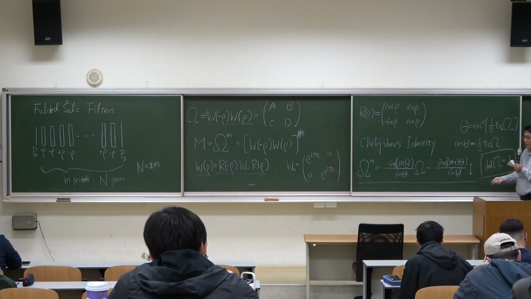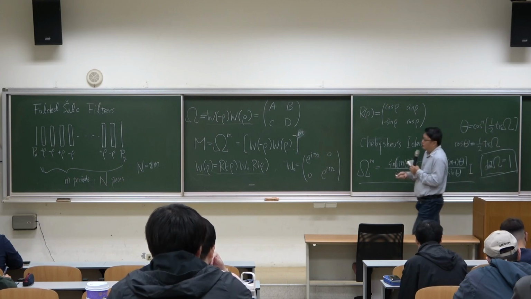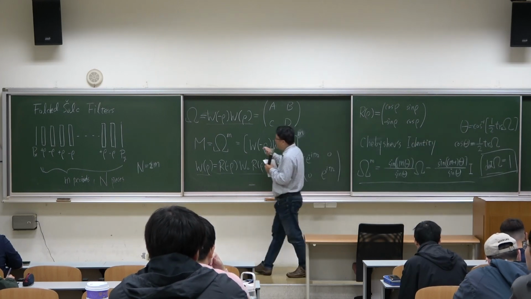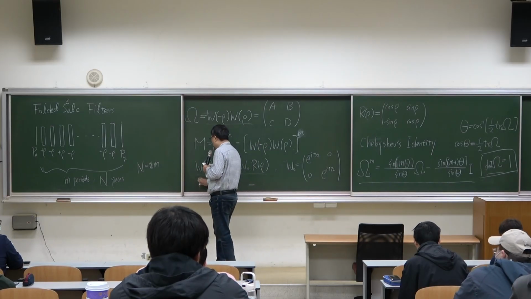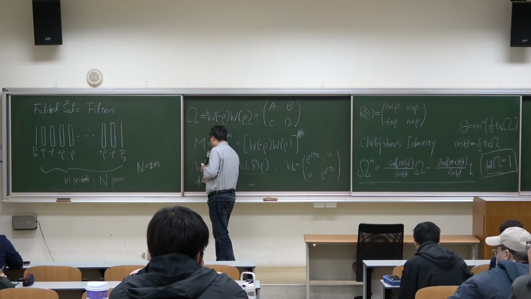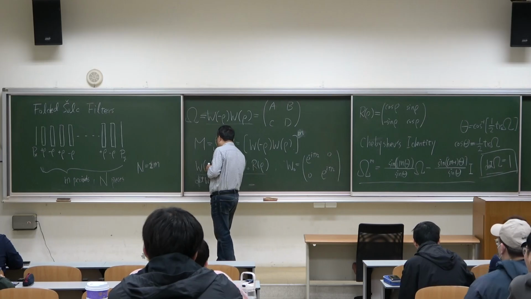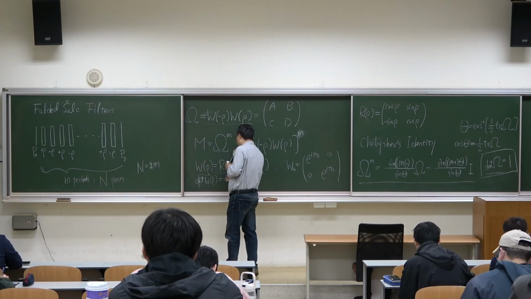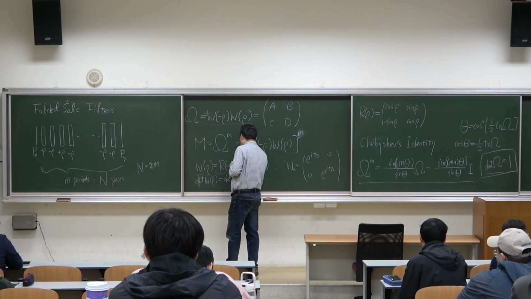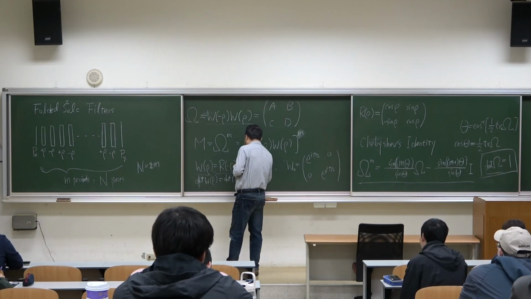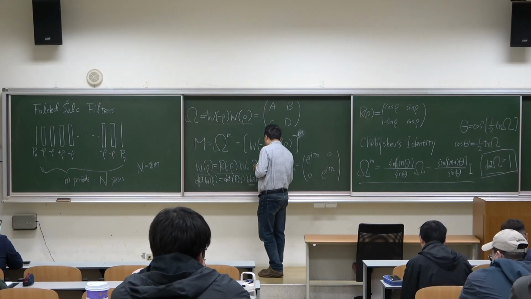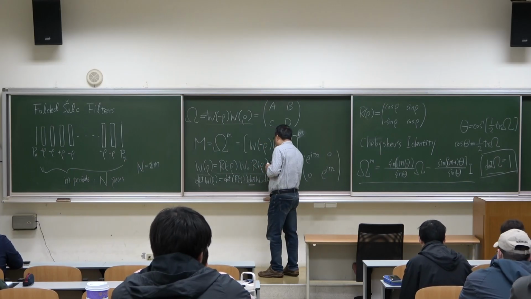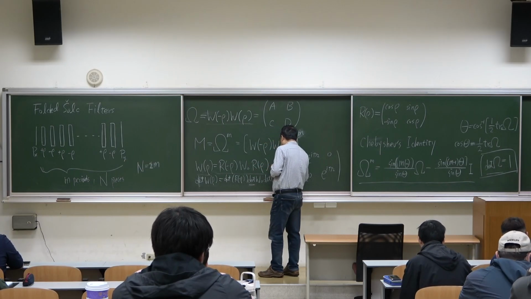This can be easily proved because the determinant of W rho is equal to determinant R minus rho times determinant W0 times determinant R of rho.